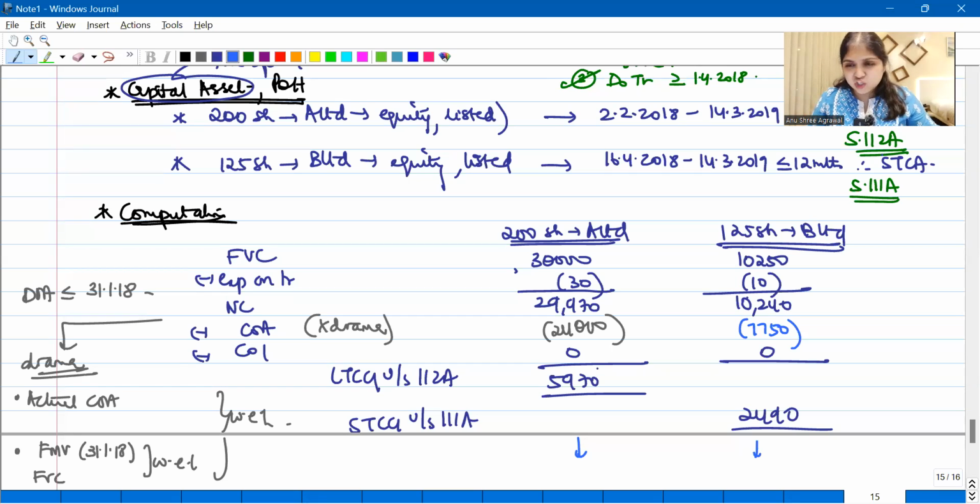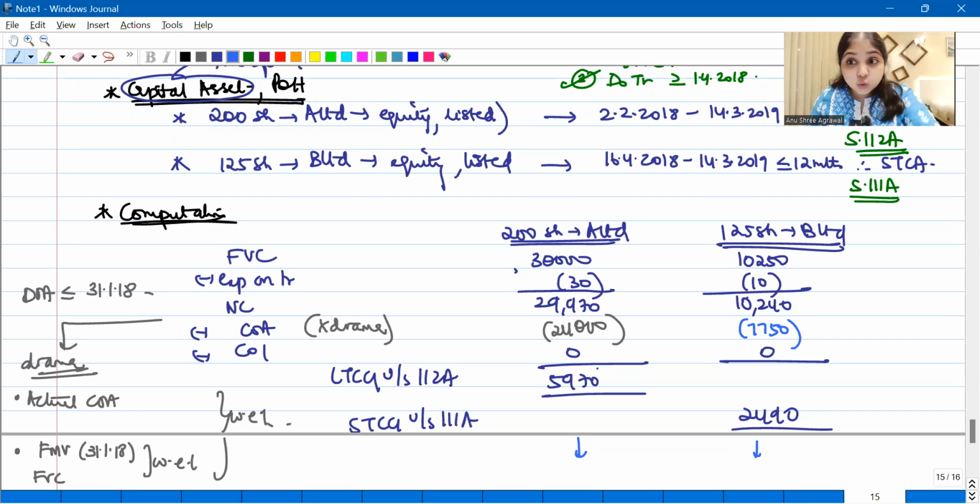Similarly, even in liquidation cases, you don't tax it in the year of transfer. You tax it only in the year of distribution of assets. And also, in compulsory acquisition cases, you don't tax them in the year of transfer. You tax them only when you receive the compensation. So that is why you have some cases where the year of taxation is different.